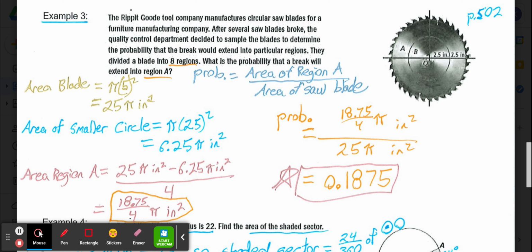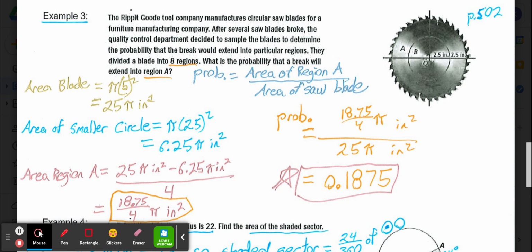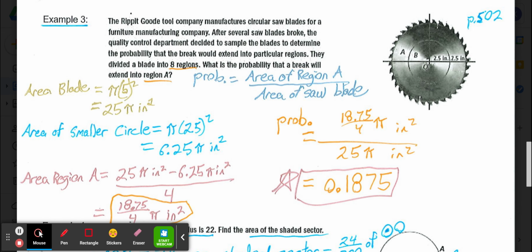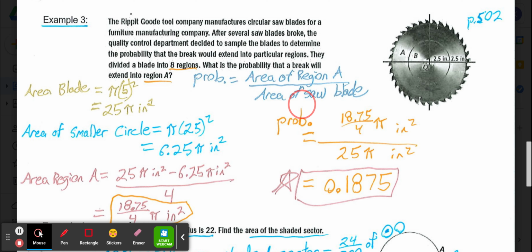So the probability that we would end up with a break extending into region A would be 0.1875. If you wanted to make that a percent, it's about 18.75%. So our probability is the area of the region we want over the area of the whole possible piece.